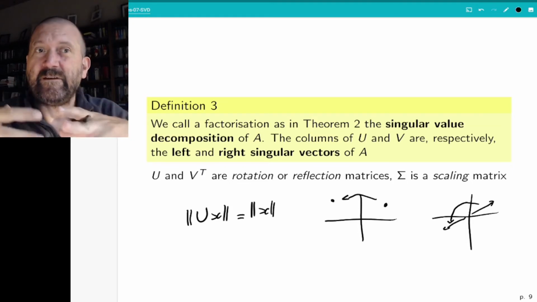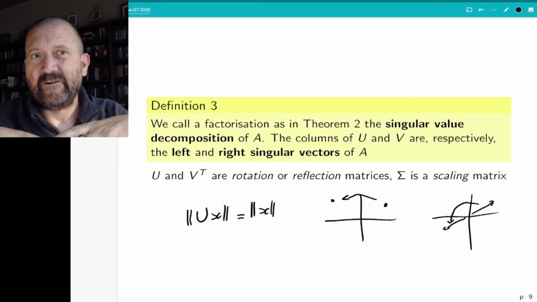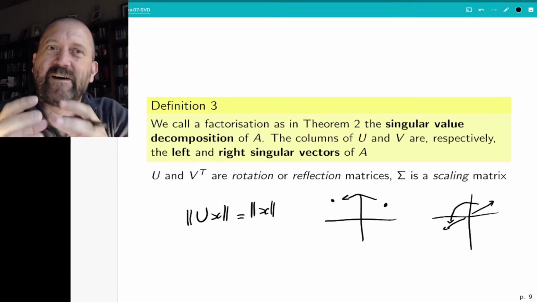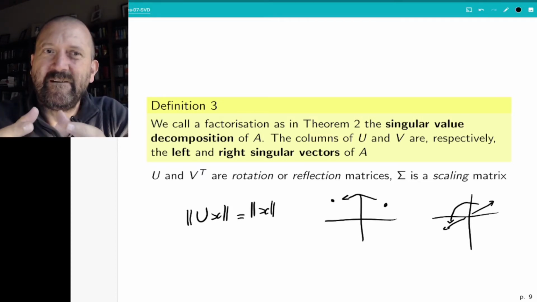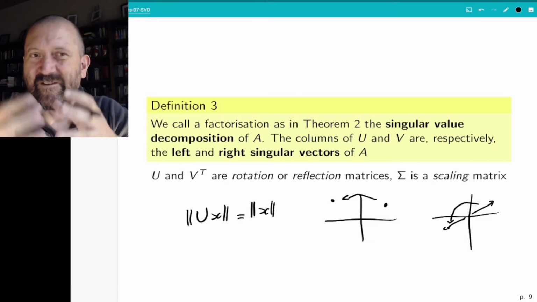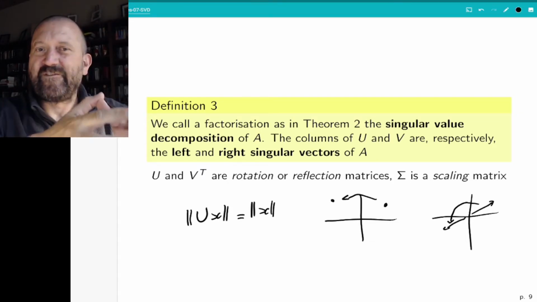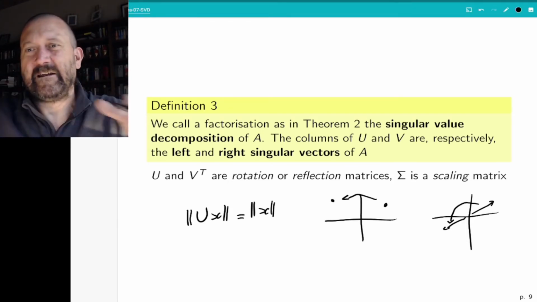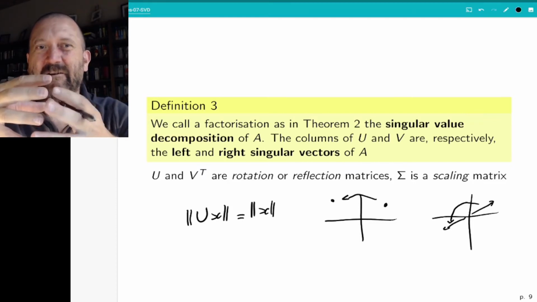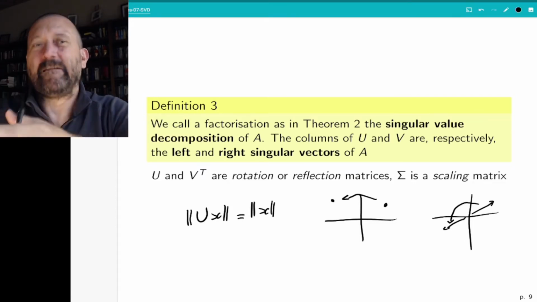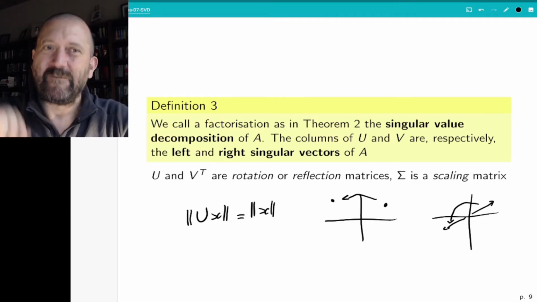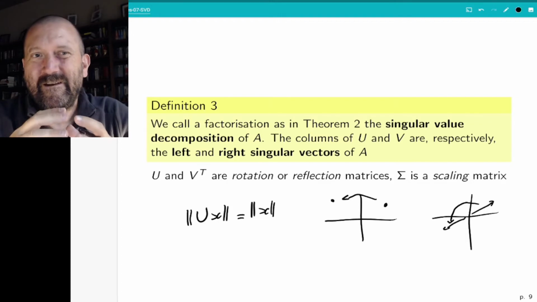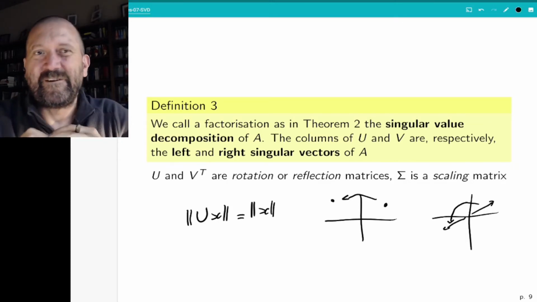So what's happening when you do a singular value decomposition is that you write the linear transformation encoded by the matrix A in this very simple form: first I rotate or reflect, then I dilate or shrink, and then I rotate or reflect again. Okay, so this is what geometrically the transformation is doing.